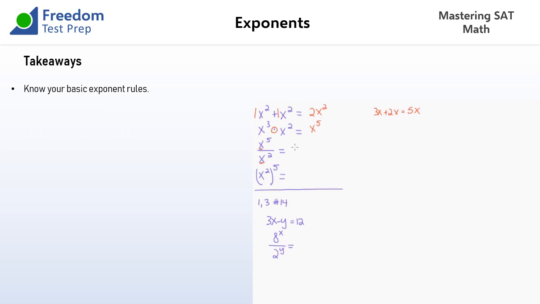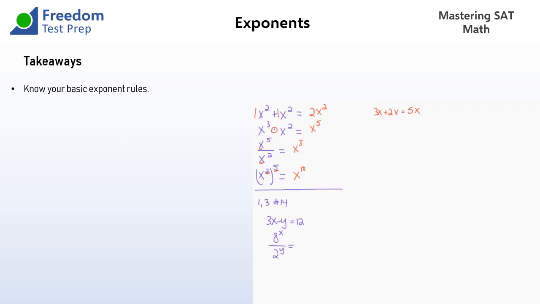So x to the fifth divided by x to the second is x to the third, because we have subtracted the exponents. When we have an exponent to another exponent, that's when we multiply. So x squared to the fifth is going to be x to the 10th. All right, know these basics. There are some more that will come up as we go through various questions.